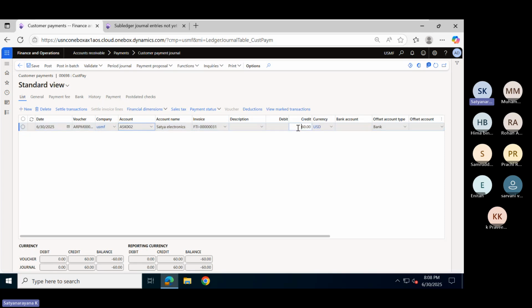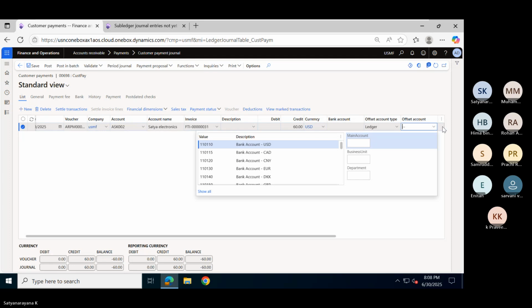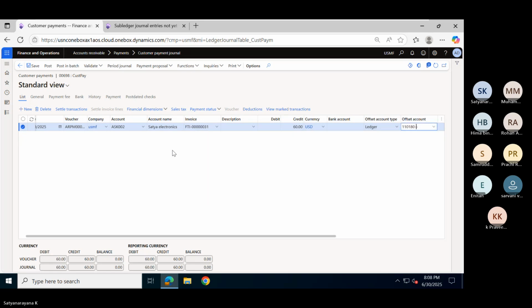Now it is credited. Customer credited, cash or bank debit. $110,180 petty cash account. Cash account debit, customer account credit.